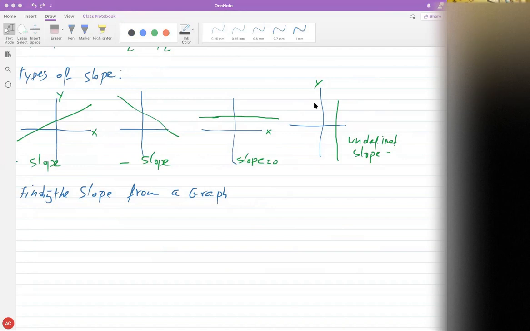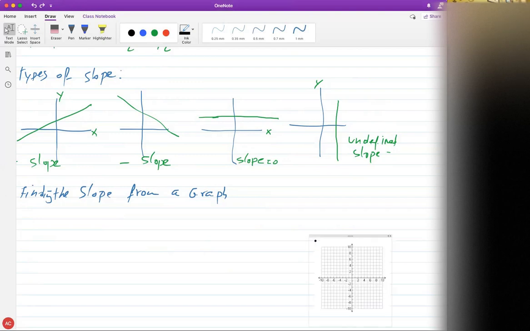By the way, if you need a graphing paper for any sort of these problems, you can easily Google it. You can print it out, you can just use it, copy it, and paste it in your workspace and work with it just like this.